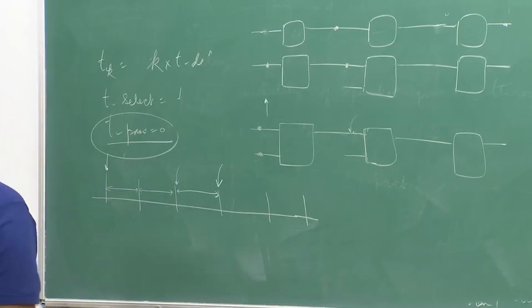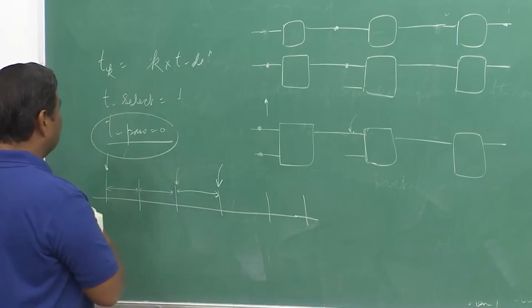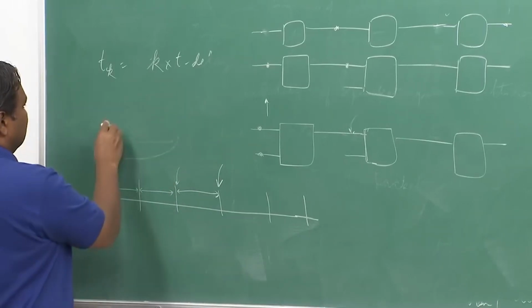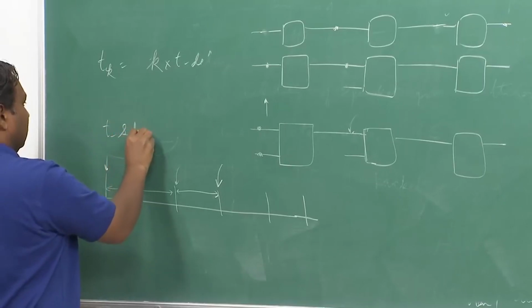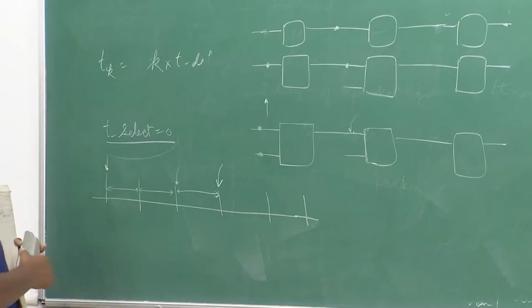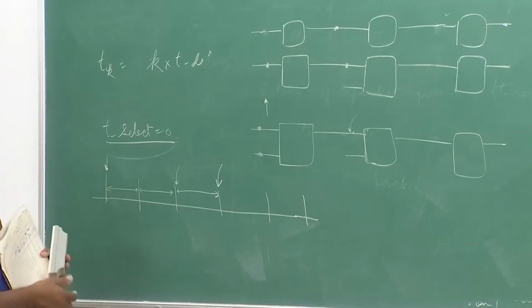When I am going to use T select equal to 0, how will this same figure look like? So, let us put T select equal to 0. Oh, I think I have made a mistake.